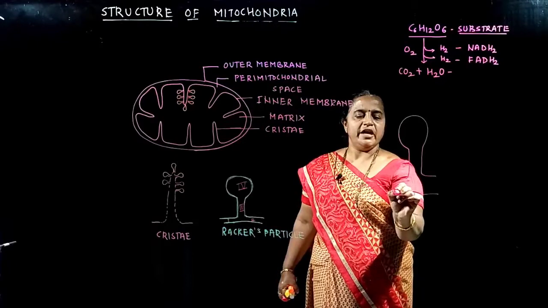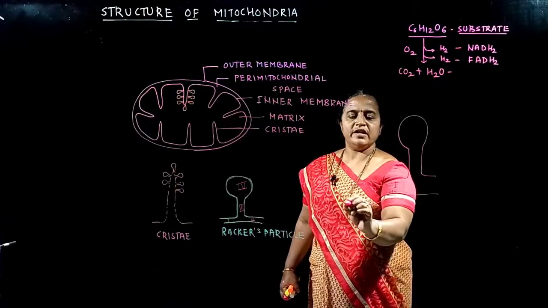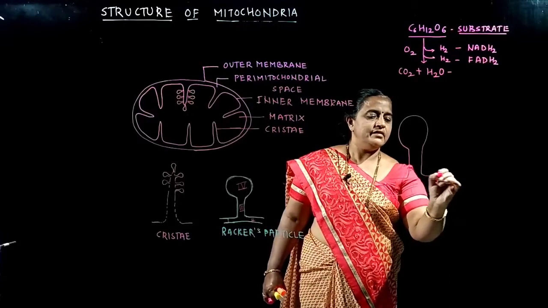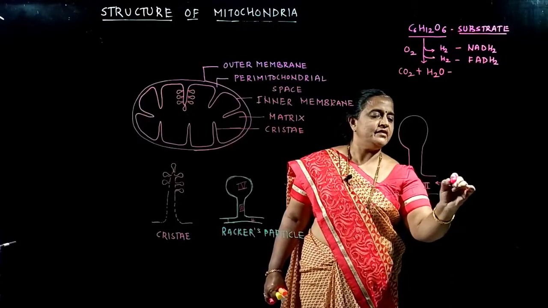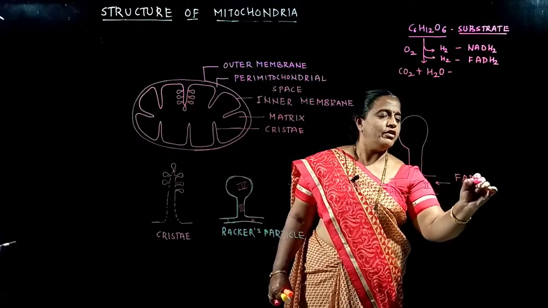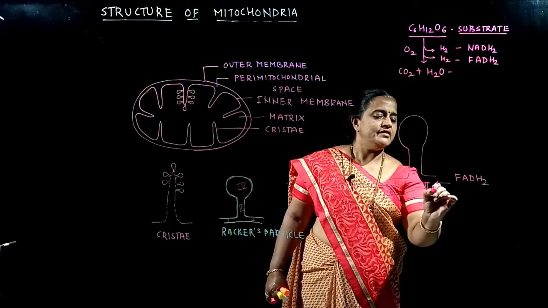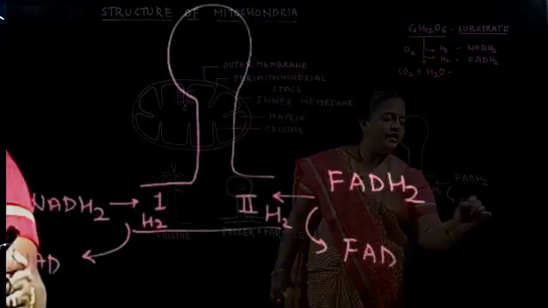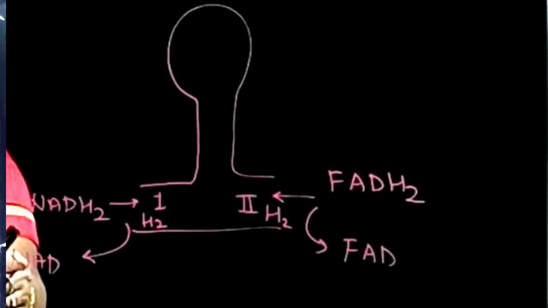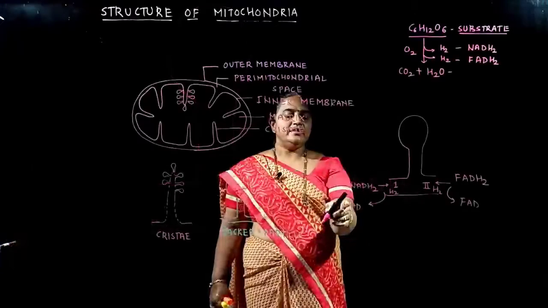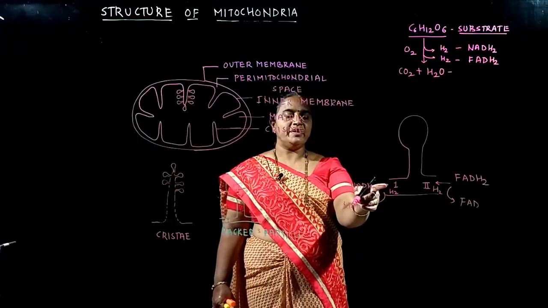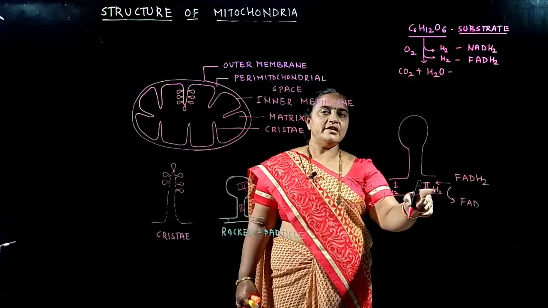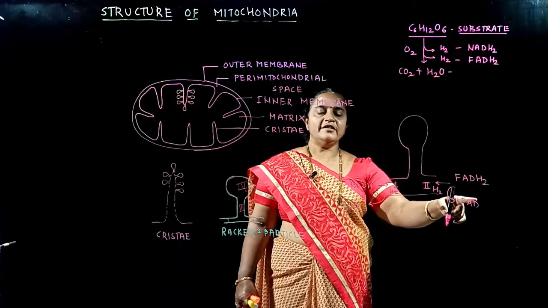It gives H2 and is oxidized to NAD, while complex 2 is the entry for FADH2. It releases hydrogen and is oxidized to FAD. So NADH2 is oxidized to NAD, releasing hydrogen in complex 1, while FADH2 undergoes oxidation in complex 2, releasing hydrogen and oxidizing to FAD.